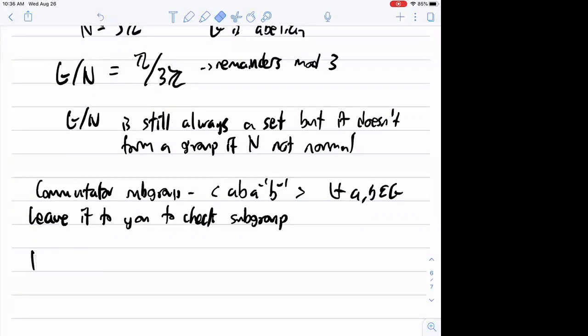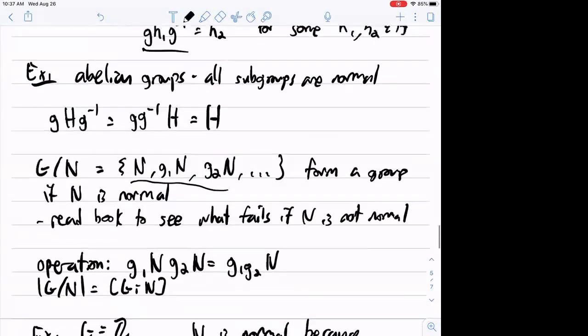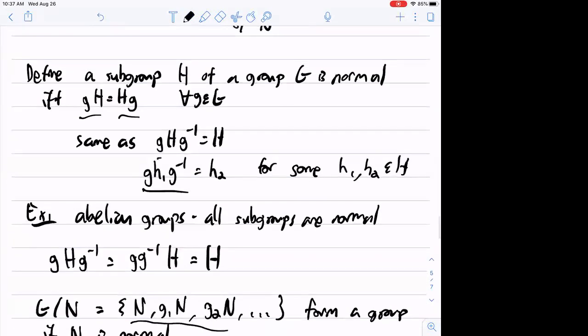The group generated. So the commutator is normal, right? I need to check again. Let's go back to what normal means. I'm going to use this definition.